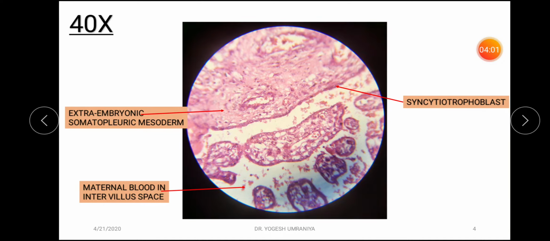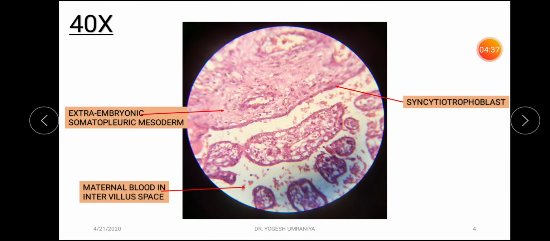Now the cytotrophoblasts are pale staining cells, so they are found on the inner aspect of this syncytiotrophoblast layer, but you cannot differentiate the cytotrophoblast from the connective tissue. You will find a small number of these cytotrophoblasts inside this syncytiotrophoblast layer, but you cannot differentiate them from the connective tissue.